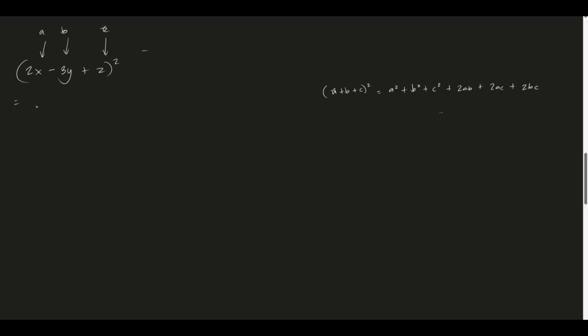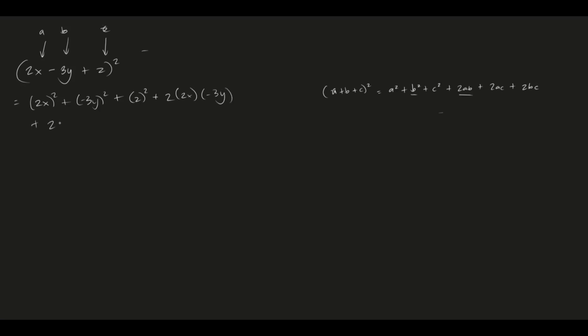Following the formula, we would have our a as 2x, so 2x squared, plus b here is negative 3y, so negative 3y squared, plus your c here is z squared, then plus 2 times ab, where a is 2x and b is negative 3y, plus 2 times ac, where a is 2x and c is z, plus 2 times bc, where b is negative 3y and c is z.